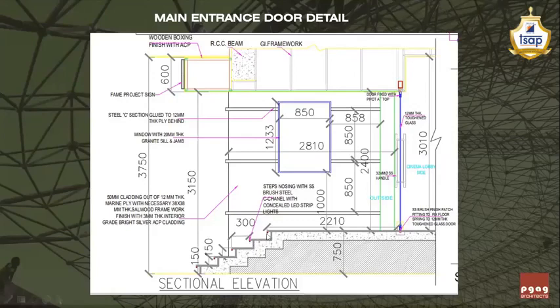Here you can see the nosing also has the light element. So you have written that in text format also: the step nosing with SS brushed steel C channel with concealed LED strip light. Because again, as I've said, this particular drawing is going to be utilized by several contractors.